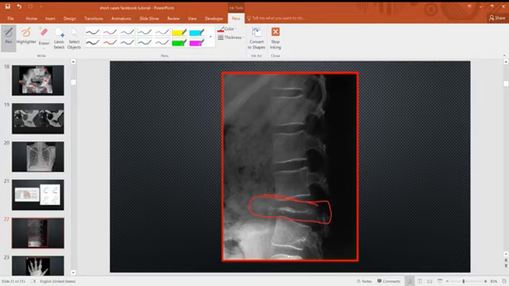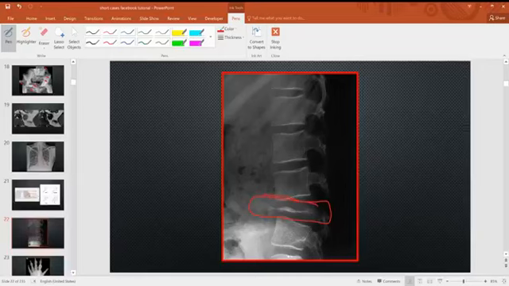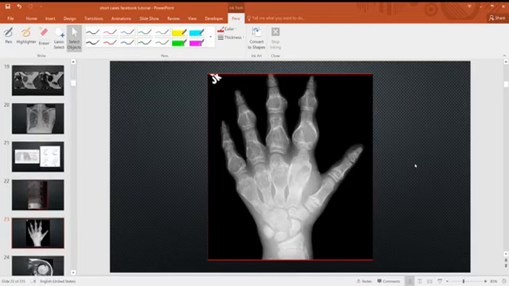And this is a child, and the most common cause in children is Langerhans cell histiocytosis or eosinophilic granuloma. Thank you. Very good, all of you. We can move to maybe the last case. So this is our last case in this tutorial.